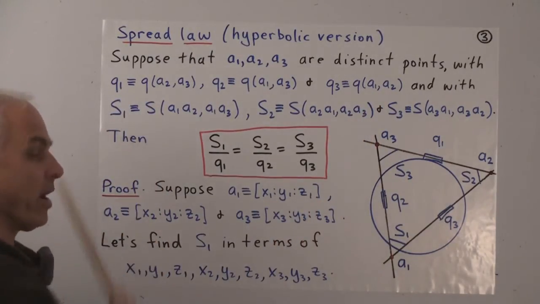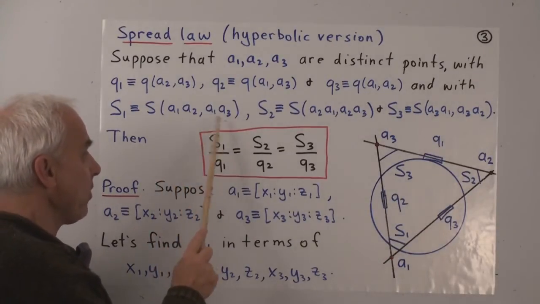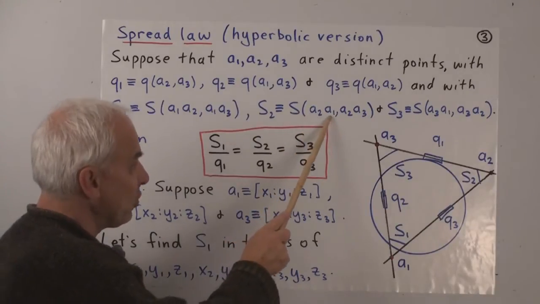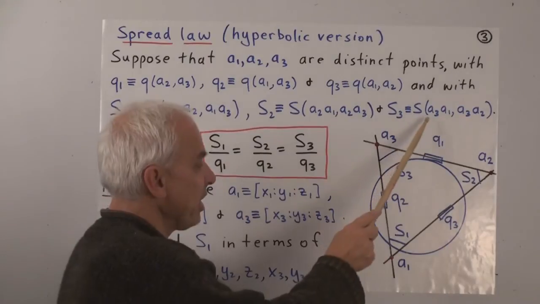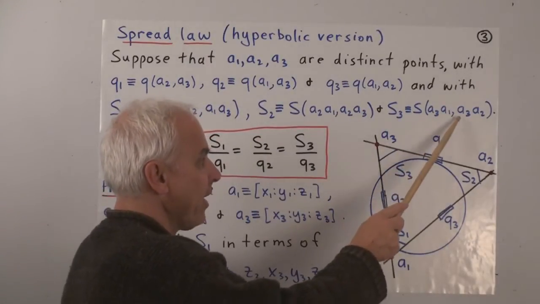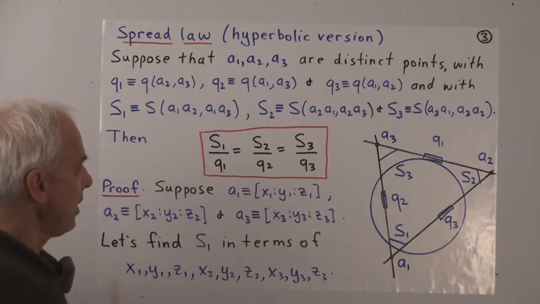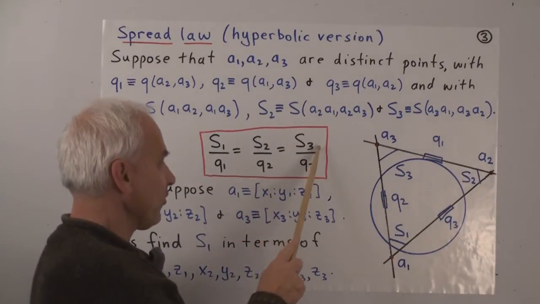And with S1 being the spread between the lines A1A2 and A1A3, S2 being the spread between the lines A2A1 and A2A3, and S3 being the spread between the lines A3A1 and A3A2. Then S1 over Q1 equals S2 over Q2 equals S3 over Q3.